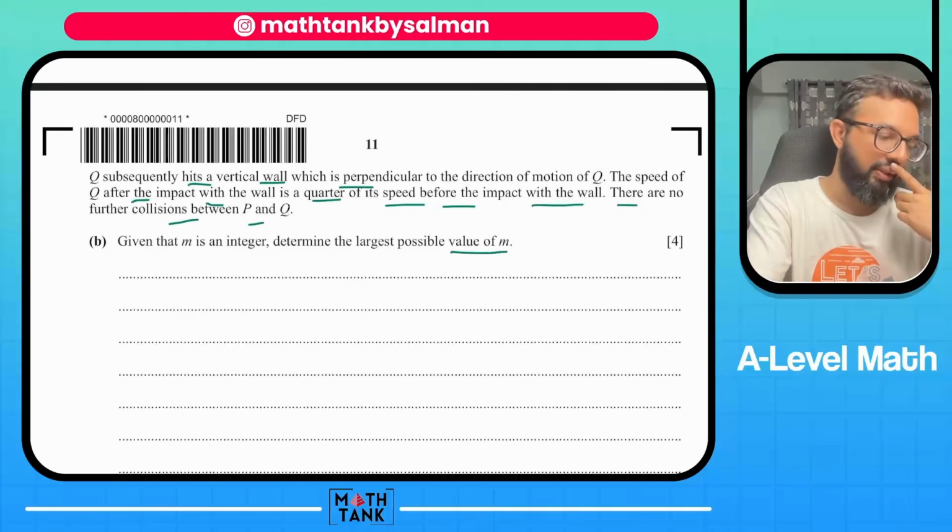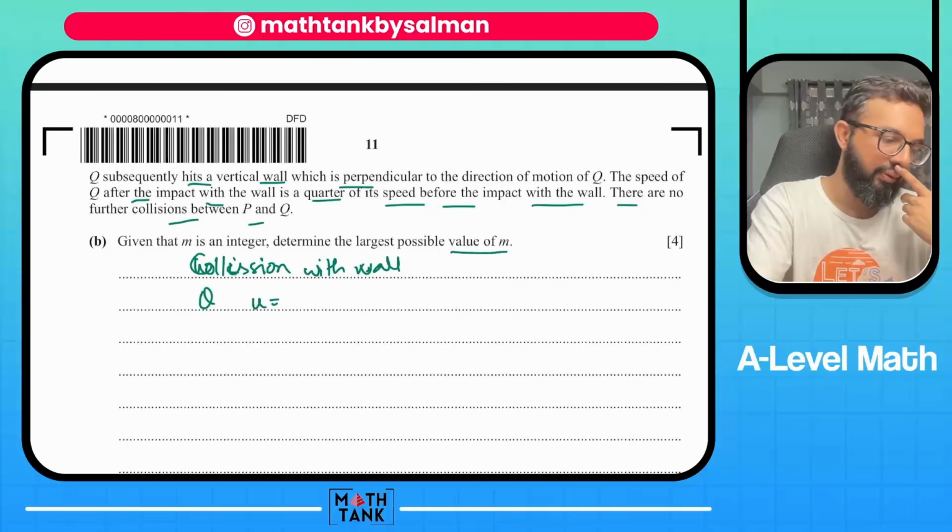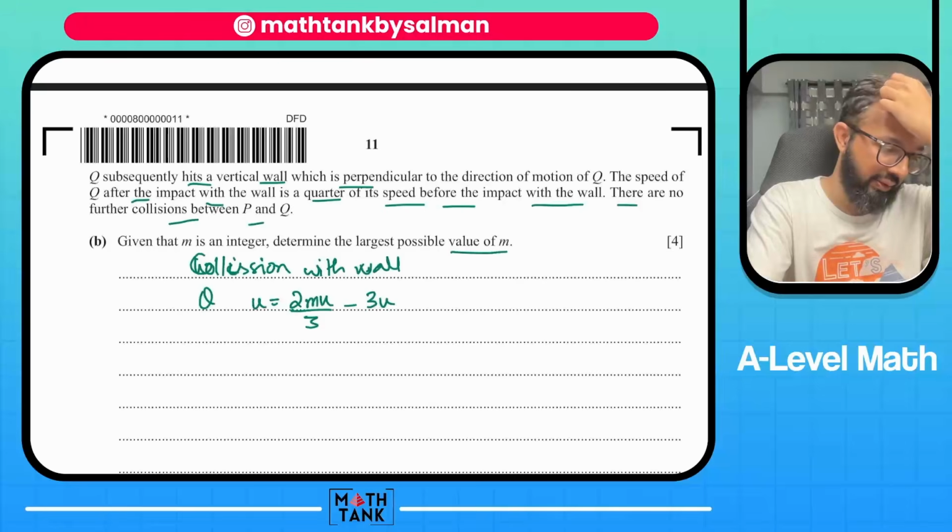Okay, so that is interesting. So Q had a speed with the wall. Now collision with the wall. Q had a speed of 2mu over 3 minus 3u. Now it's saying that after the impact with the wall, the speed is a quarter of its speed before the impact.